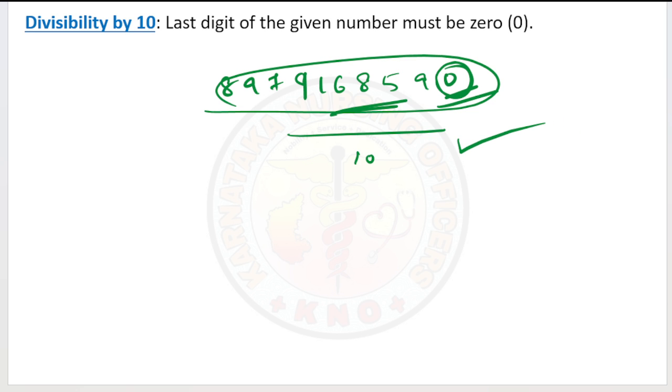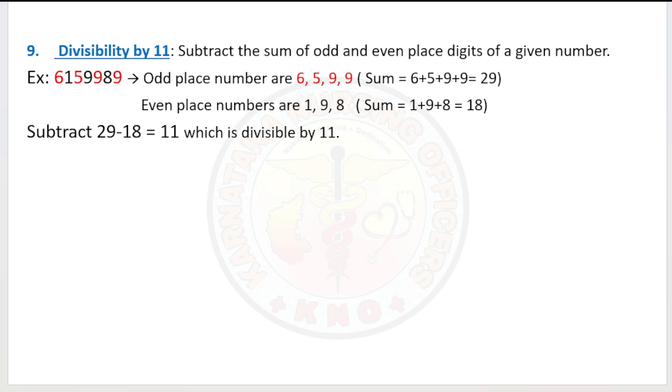Okay. So next and the last divisibility rule, by 11. To check whether a number is divisible by 11 or not, this is the rule. Subtract the sum of the odd place digits and the sum of the even place digits of a given number. So we have to see the odd and even places of the number.